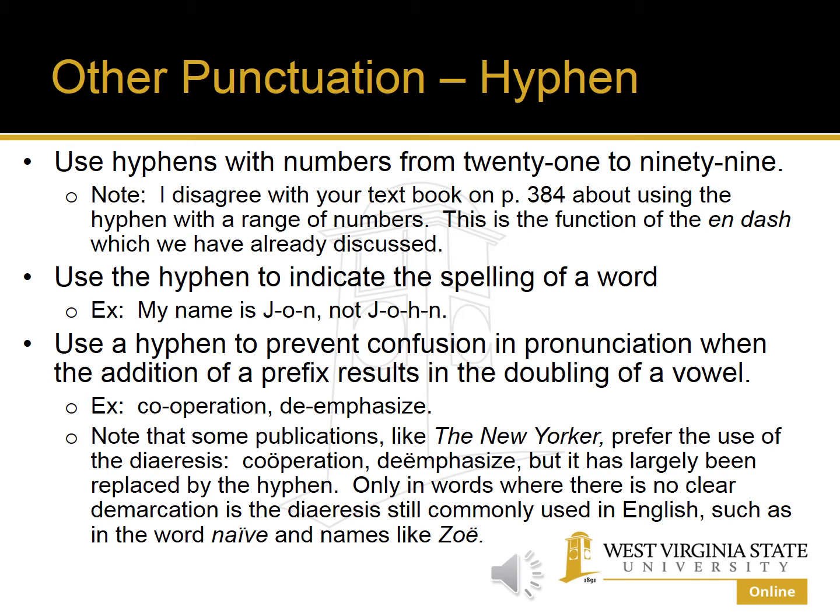I think that this is one of the functions of the en dash, which we've already discussed. You should also use the hyphen to indicate the spelling of a word. For example, my name is Jon, not John. To indicate that I am spelling out the word, I put a hyphen between each letter.